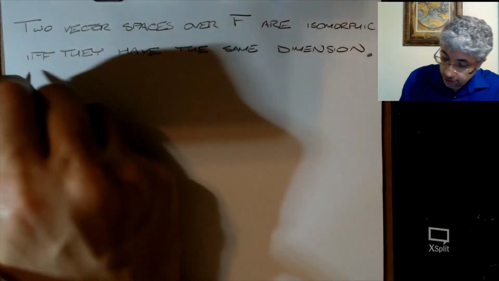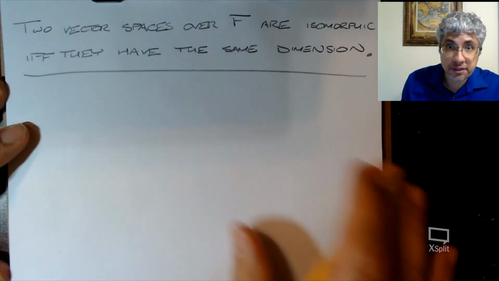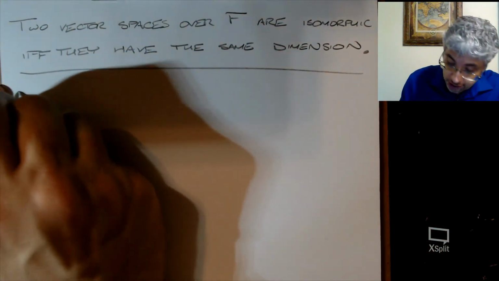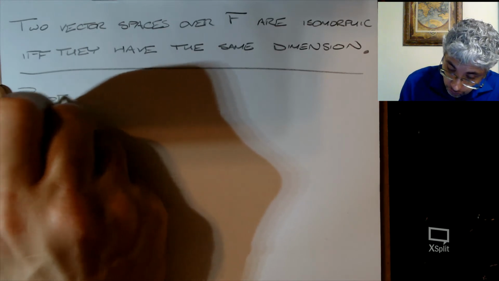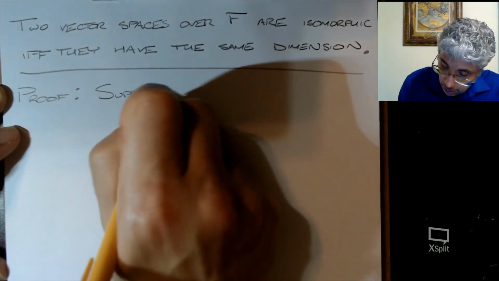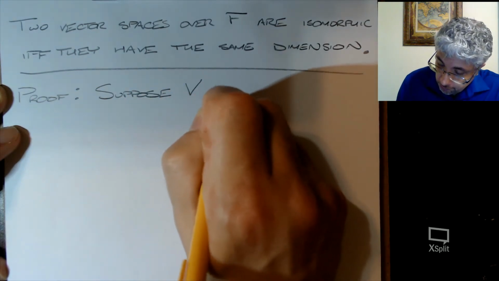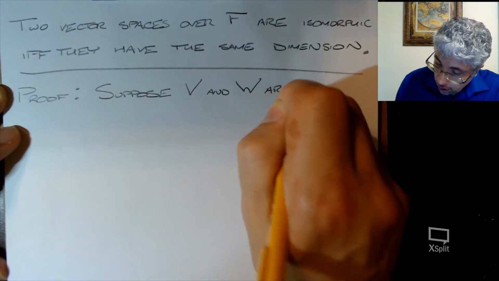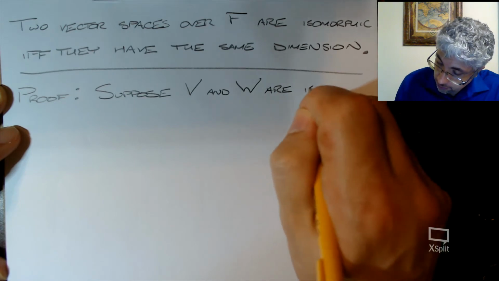Okay, so a lot to prove. It's an if and only if. I want to go in both directions. Proof. Well, first, let's suppose V and W are isomorphic.